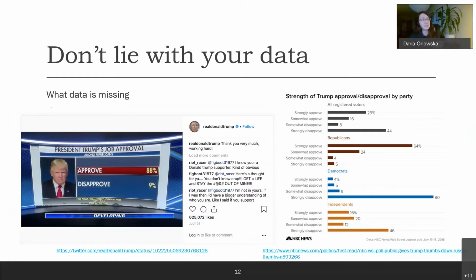But as you can see on the right-hand side, in an additional data visualization from where this data came from, under the Republican category, strongly approve is 64, somewhat approve is 24, somewhat disapprove is 4, and strongly disapprove is 5.